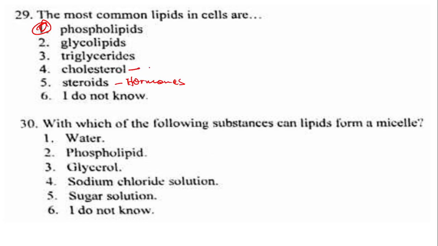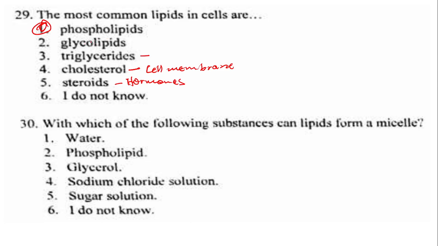Cholesterol is found in the cell membrane. The triglyceride is formed by a fatty acid and an alcohol called glycerol. Glycolipids are just a combination of carbohydrates and lipids, and sometimes they are found in the cell.